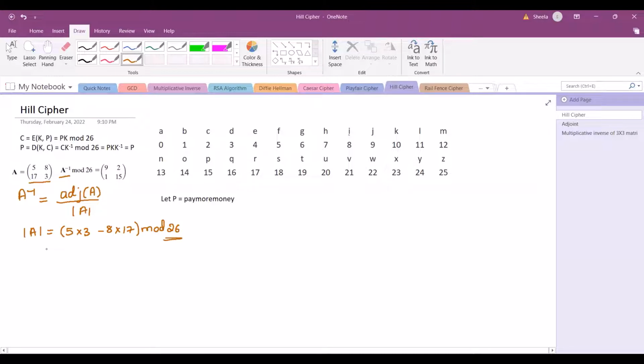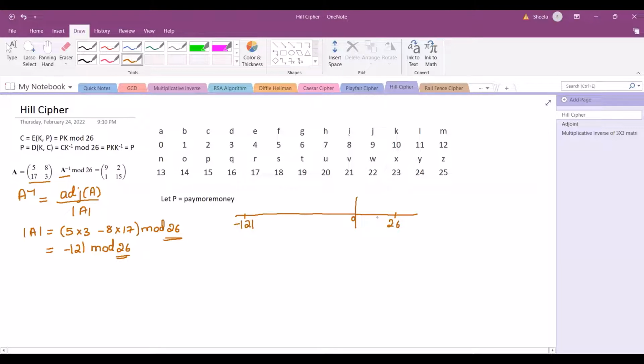When we find the determinant of A, we get the value as minus 121 mod 26. This minus 121 is not in the range 0 to 25. To bring it into the range, let us consider the number line. On this number line, 26 is on the right-hand side of 0, the origin, but minus 121 is somewhere on the left-hand side of 0.